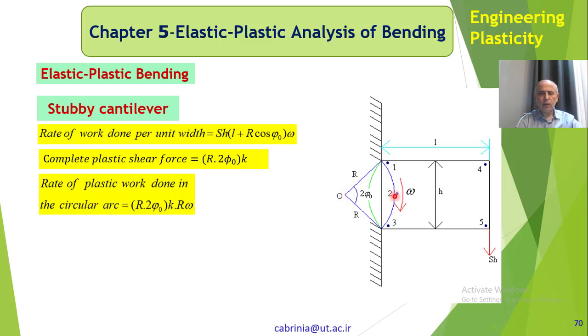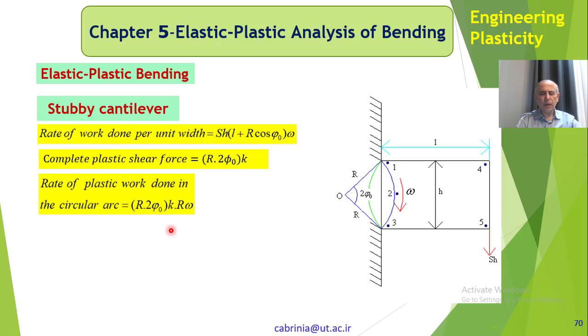Okay, R times omega is this distance per second, because omega is movement on this arc, and R times omega gives us the velocity. Okay, the velocity on this arc, the velocity times force gives us the power, because velocity is distance moved per second, as it was in here.